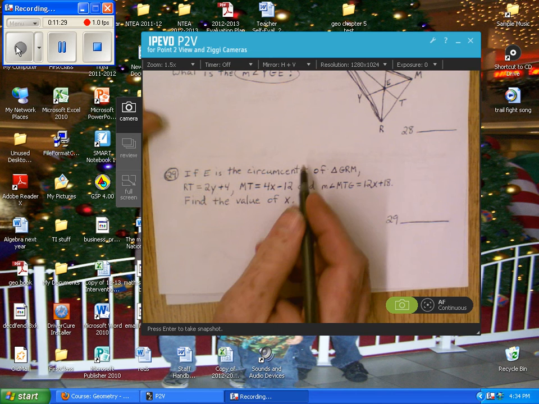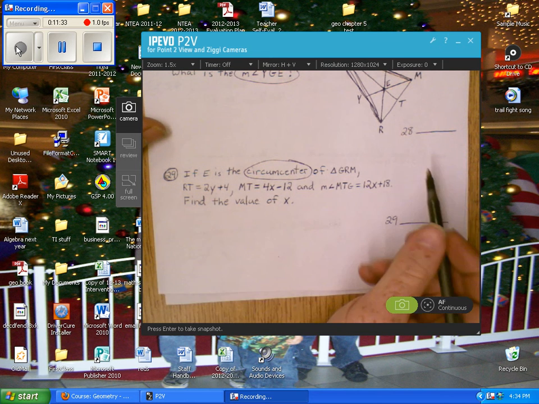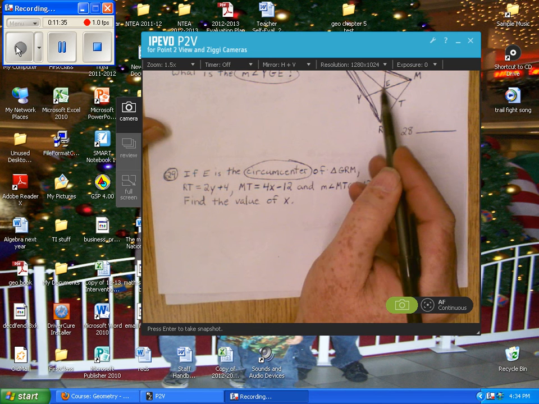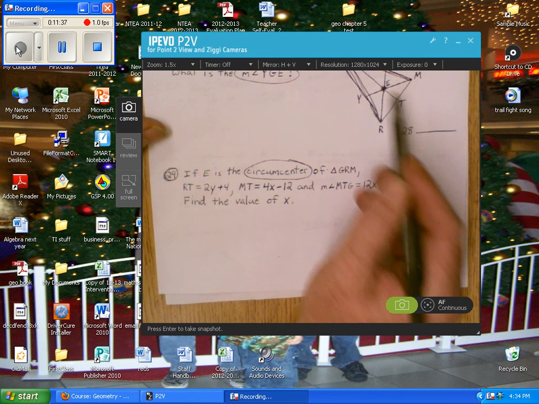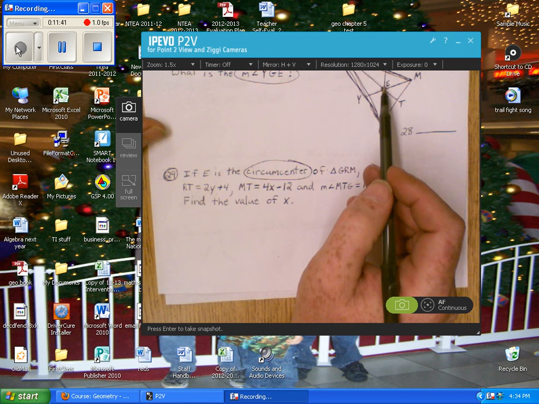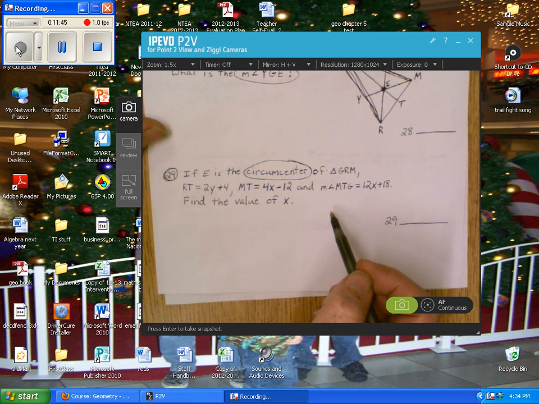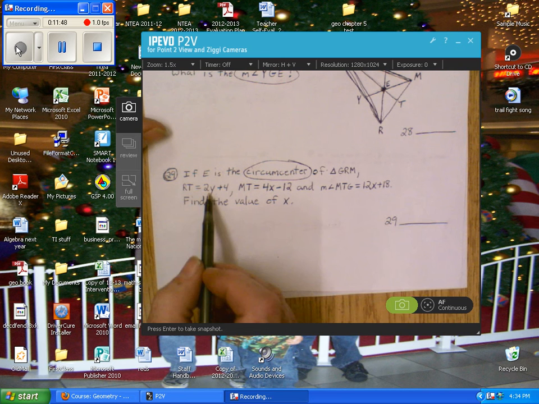The key to 29, circumcenter. If point E is a circumcenter, then that tells you that all of these segments are a special kind of segments. You've got to figure out what kind of segments they are. And once you know what special kind of segments they are, you could try to use these two together.